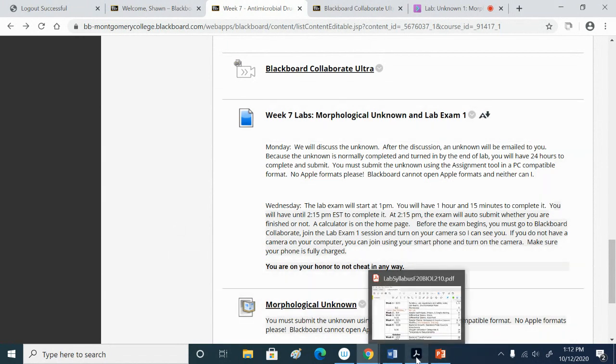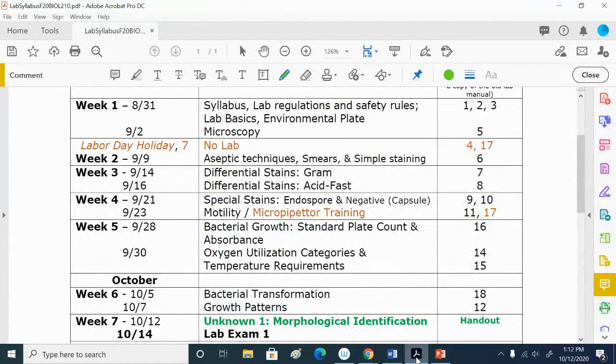Okay, so let's do some review then. I'm just looking at the syllabus so I can keep track of what I'm talking about. So we did start talking about lab regulations and lab safety. Even though we're not physically meeting in lab, you still need to understand lab safety regulations. And so, of course, there's something that you're always supposed to do before you start lab and before you leave the lab. There's actually two things you're supposed to do before you start and leave the lab. What are those two things? Talk to me, no chat.